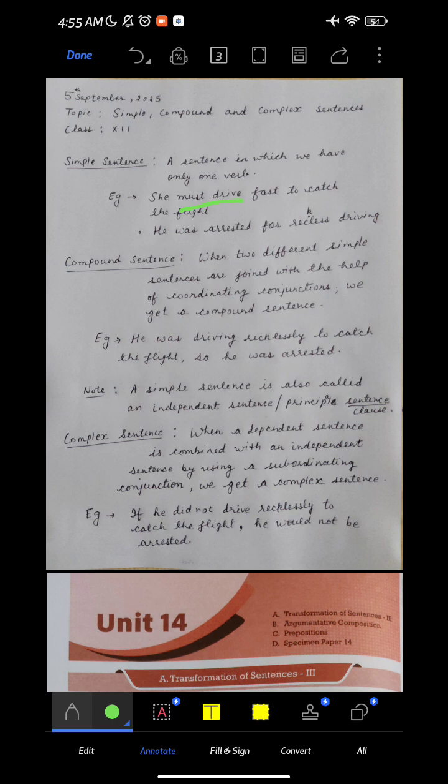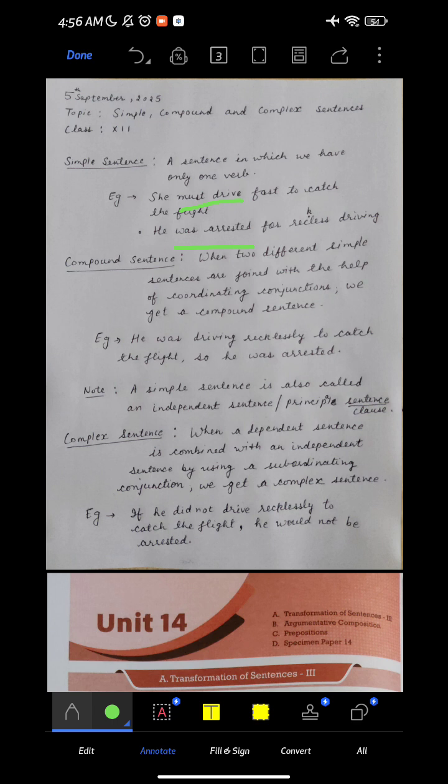She is the subject. Then, the second example: he was arrested for reckless driving. Was arrested is the only verb in this sentence. He is the subject. The object, it is understood, is by police, so I have omitted it.